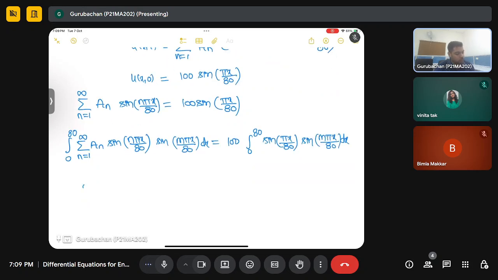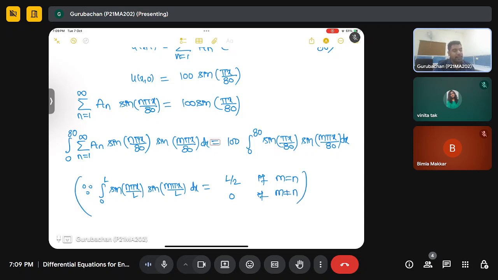So let me recall, the integral from 0 to L of sine n pi x by L sine m pi x by L dx gives value L by 2 if m equal to n, and 0 if m not equal to n.